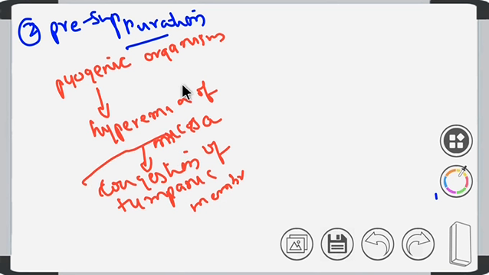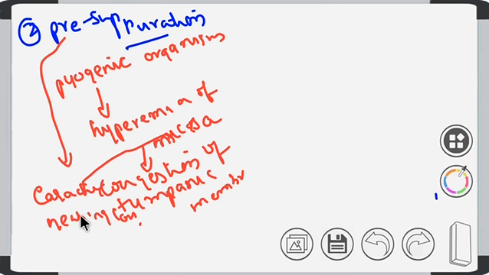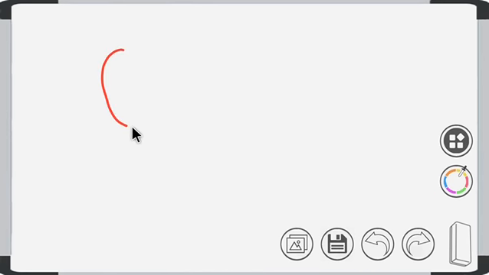What are the other things that you can see? Earache, which is very severe, a throbbing type of earache, and there will be hearing loss. What signs can we see in the tympanic membrane?